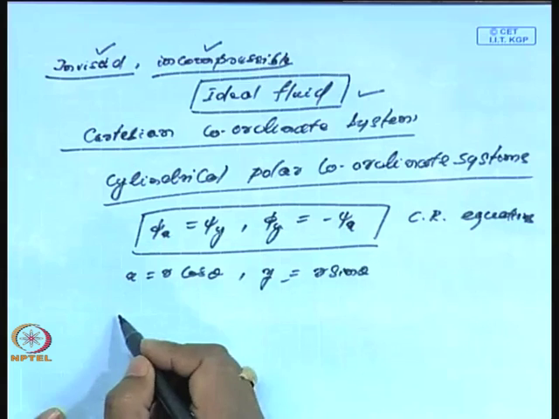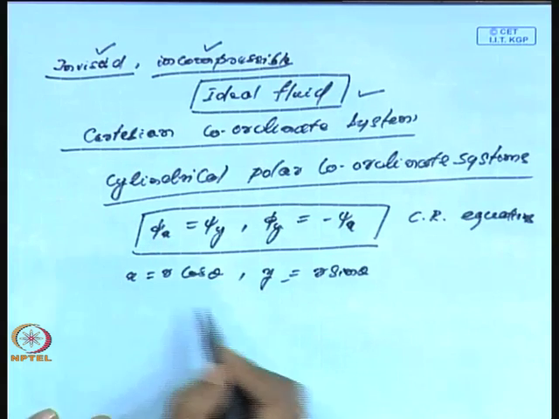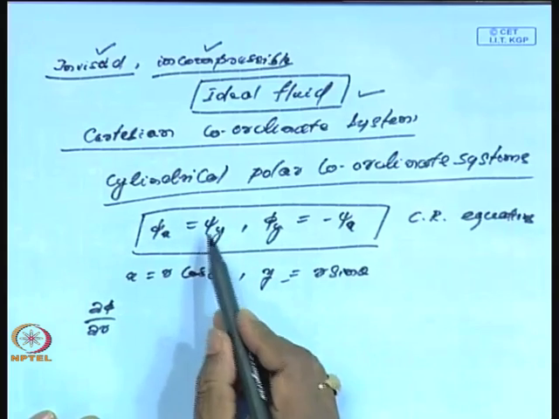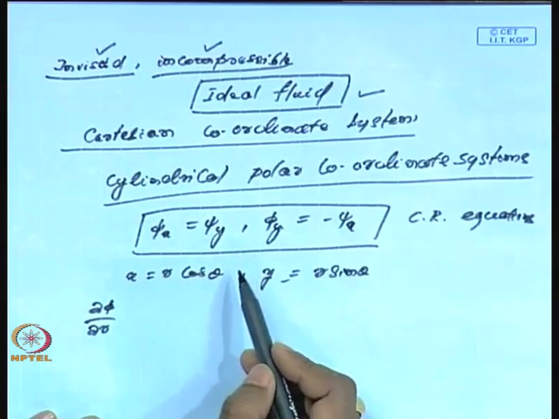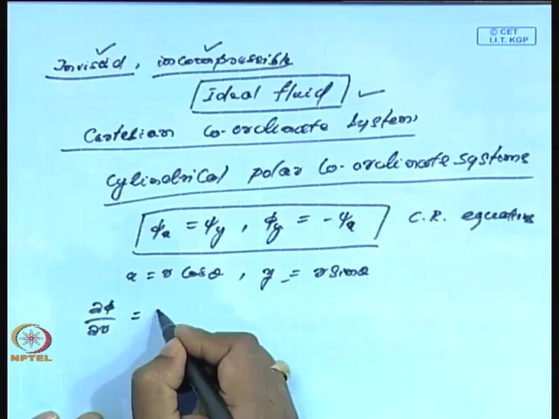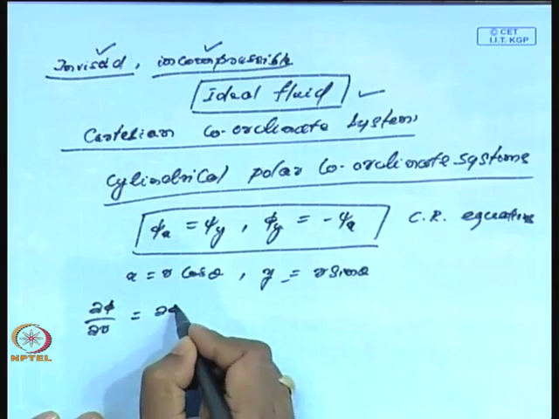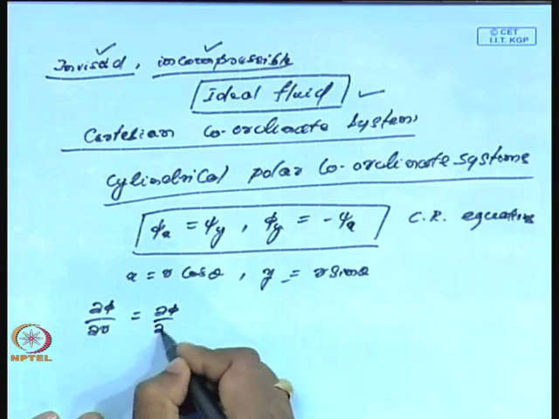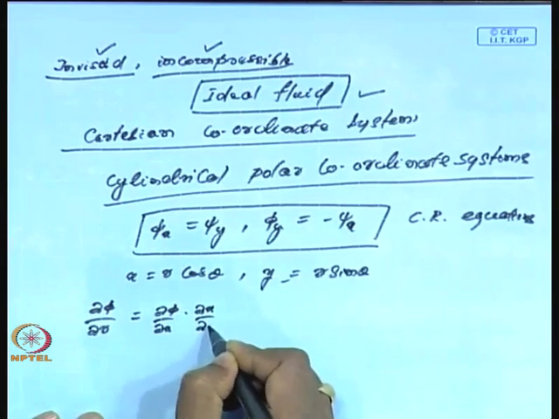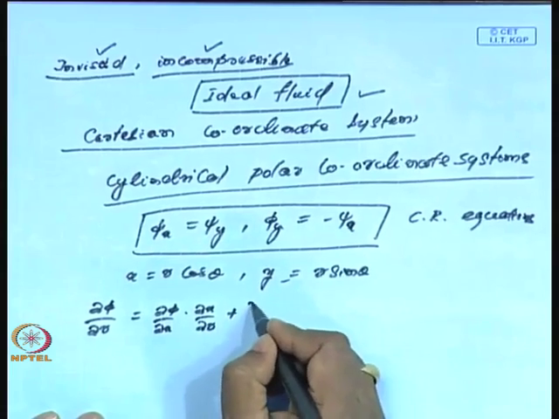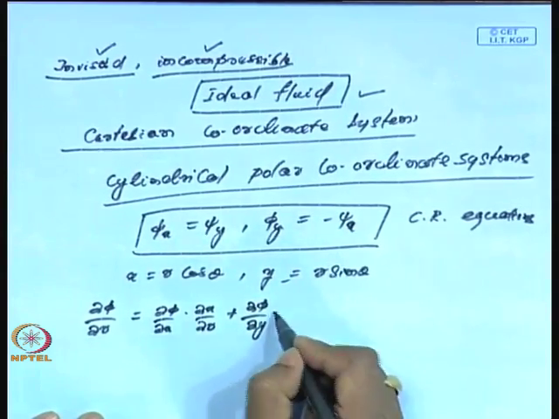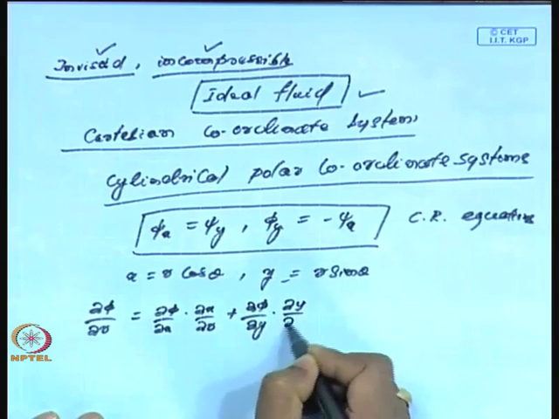It can be easily derived. What is del phi by del r? What is the corresponding form in r theta coordinates? Del phi by del r is del phi by del x into del x by del r, plus del phi by del y into del y by del r.